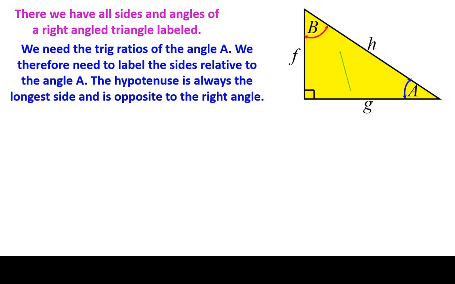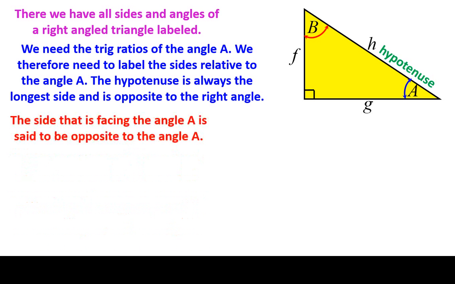The hypotenuse is not dependent on the position of any angle in the right-angled triangle. It is always, invariably, the longest side, and it is opposite to the largest angle, which is the right angle.